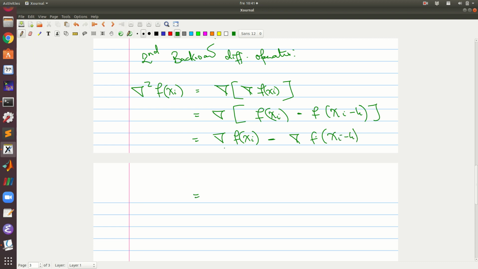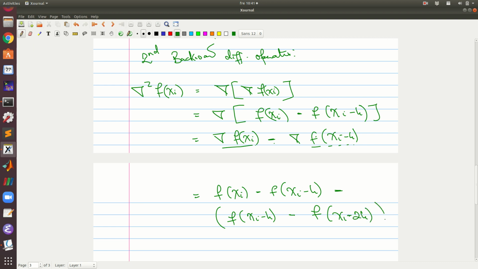Again, by definition, this one here we know is going to be given by f of xi minus f of xi minus h, then minus, this one here by definition is going to be f of xi minus h minus f of xi minus h minus h, which is going to be f of xi minus 2h.